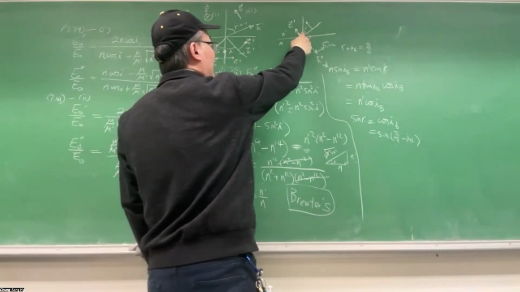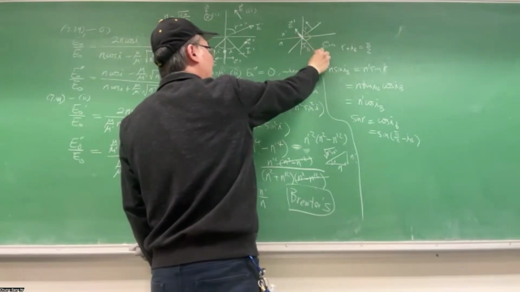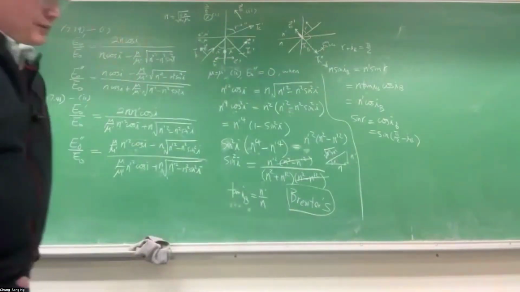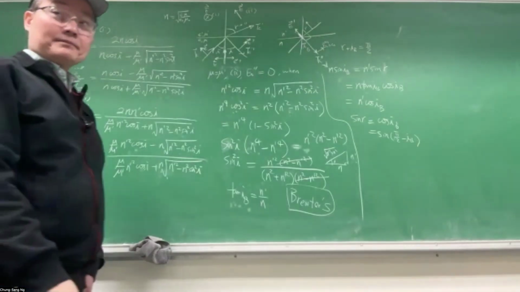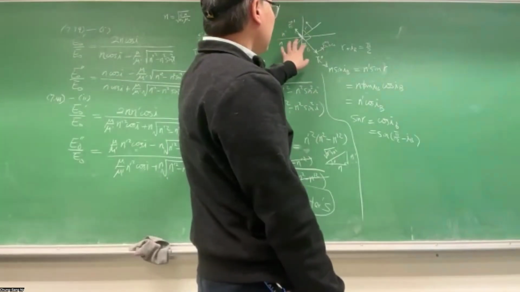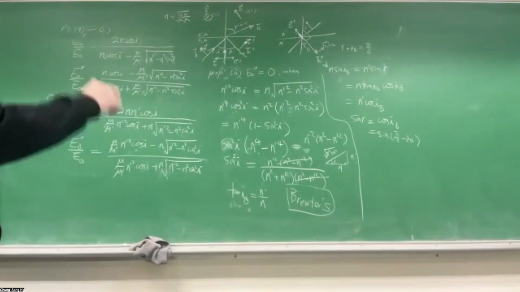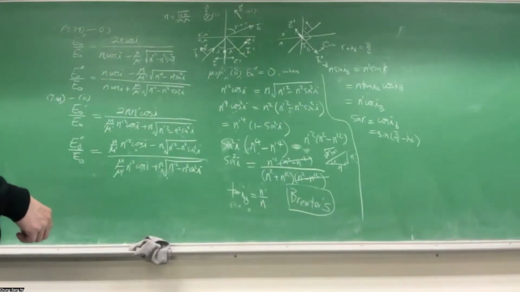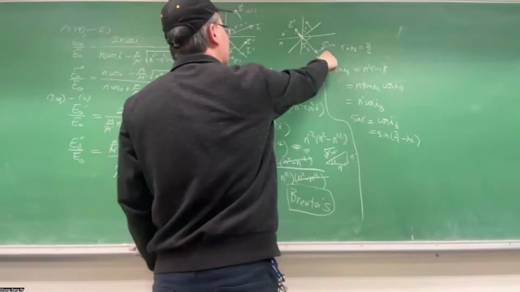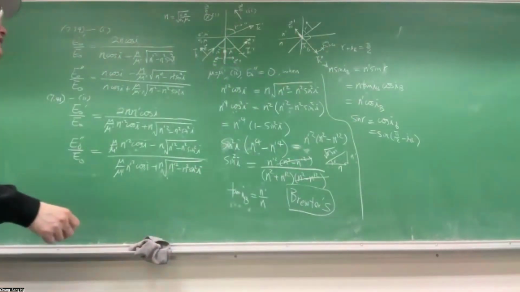So the oscillation along this line will not have power along this direction. Therefore E double prime is 0. That's the physical explanation: this I sub B sets E0 double prime to 0 because of this geometrical effect.